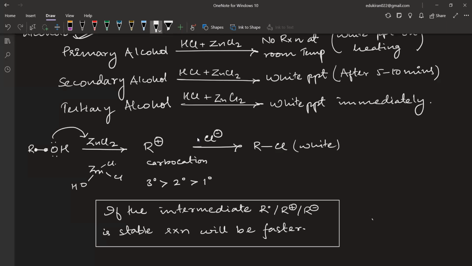Okay. So the main problem is to form an intermediate, because intermediates are charged species and they have a high deficiency or richness of electrons, and those are very difficult to make, and that is why whenever an intermediate is formed fast, or if it is stable, then the whole reaction is going to be faster. Okay. So just write this note also.